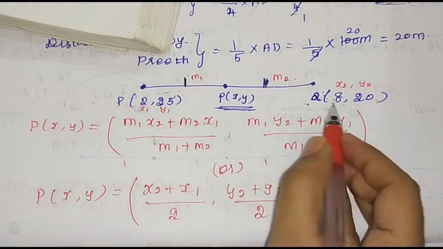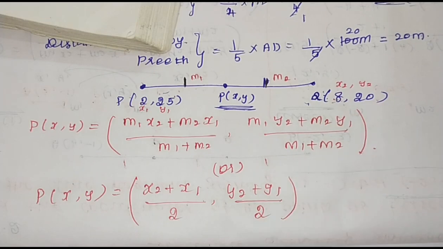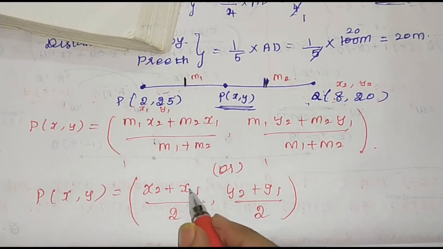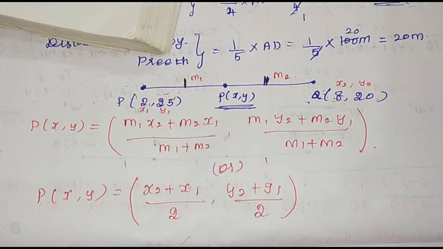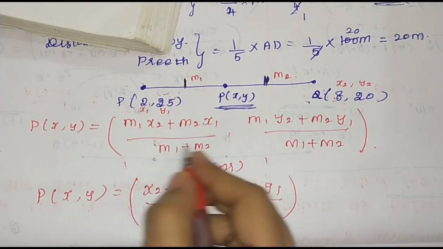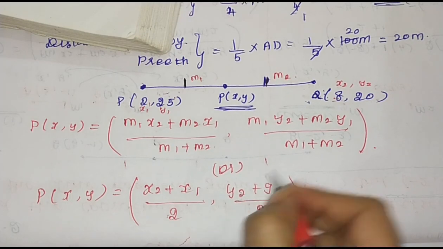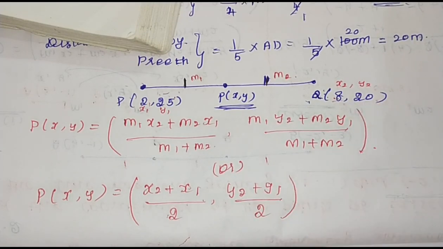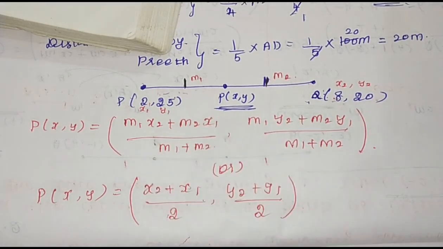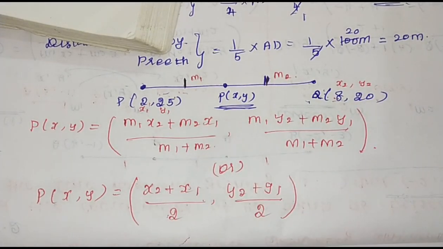Instead of x2 we write 8, plus instead of x1 we write 2, divided by 2. Instead of y2 we write 20, plus instead of y1 we write 25, divided by 2.